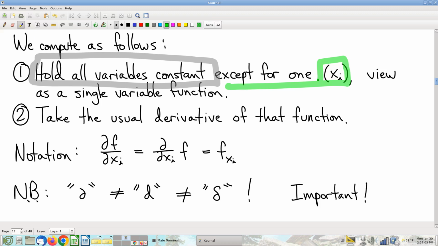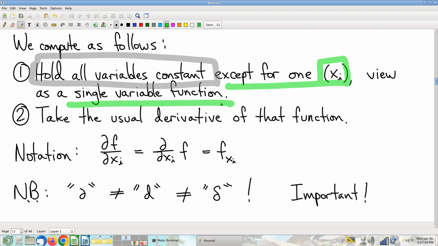Well, if you think about it, if we have a function of several variables, but we nail down the values of all but one variable, treat them as constants, well, you had n variables, but now all but one of them are constants. So now we really only have a single variable function. All the others are constants.